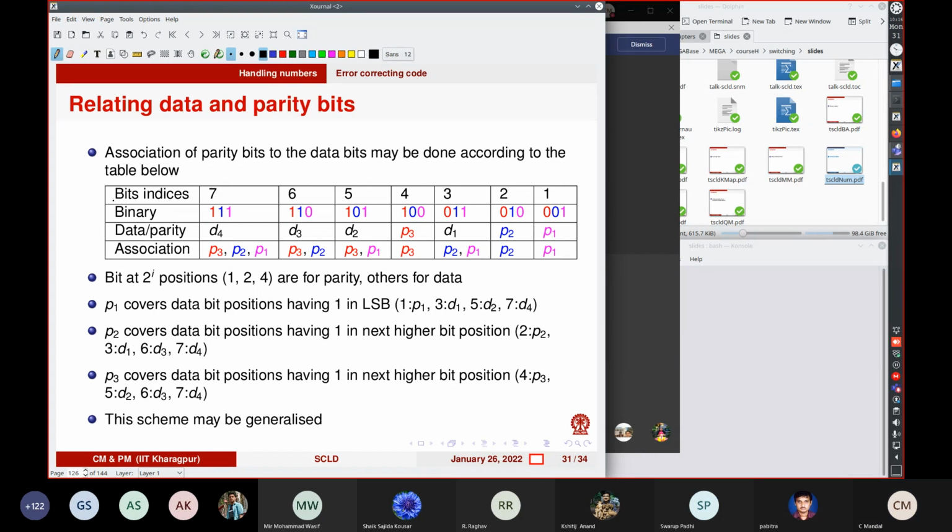So, you have these bits. Let us say the bits are indexed from 1 to 7, and bits 3, 5, 6, and 7 are data bits, and bits 1, 2, and 4 are parity bits.